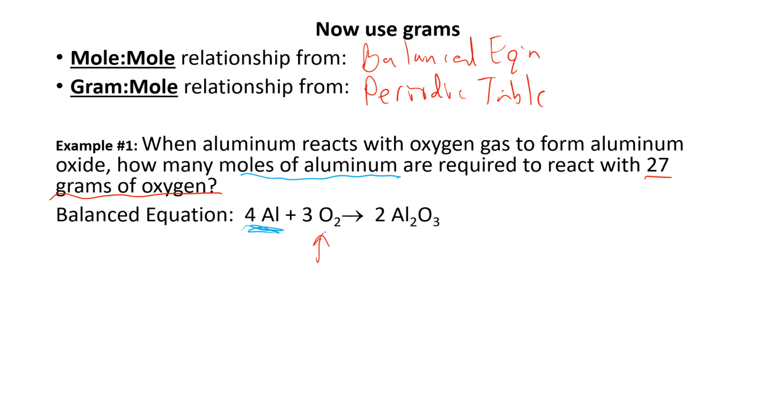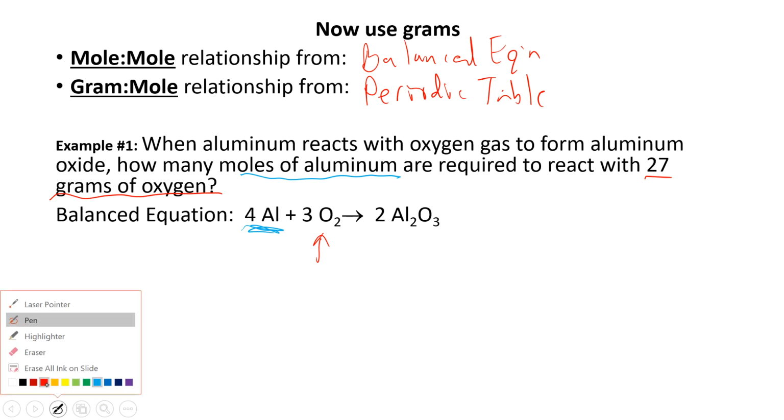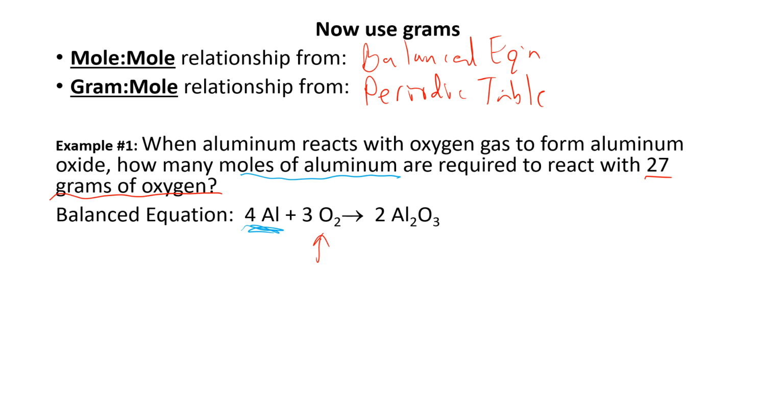So we're going to have to go from the red into the blue. So the first thing we're going to do here, since we're going to go from the red into the blue, is start with what we were given, which is 27 grams of O2. And in order for us to get that into this equation, we're going to need to turn that 27 grams of oxygen into moles.